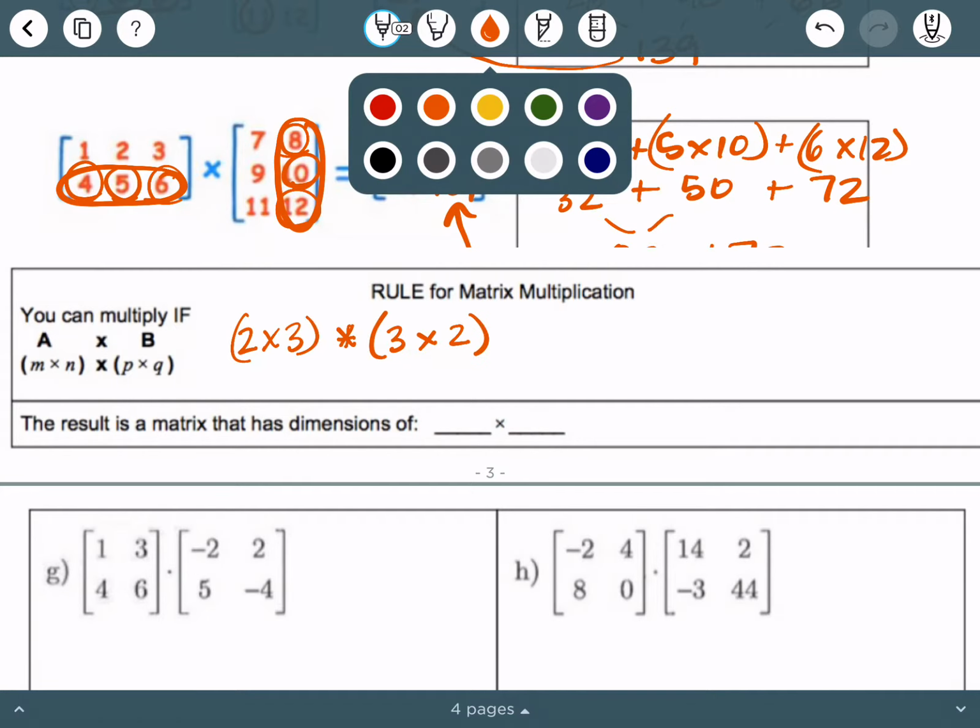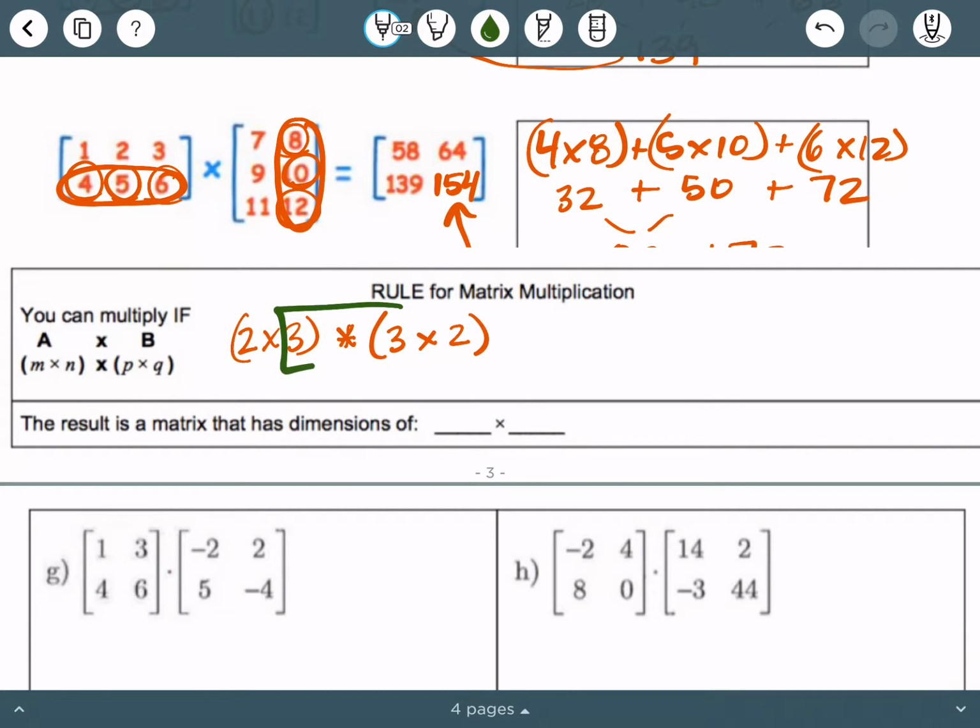So you can only do multiplication if the number of columns lines up with this one's number of rows, right? So we can see that this one had 3 columns here and 3 rows here. And so we can say, okay, this one would work, right? And then we know that the resultant matrix would be 2 by 2, right?